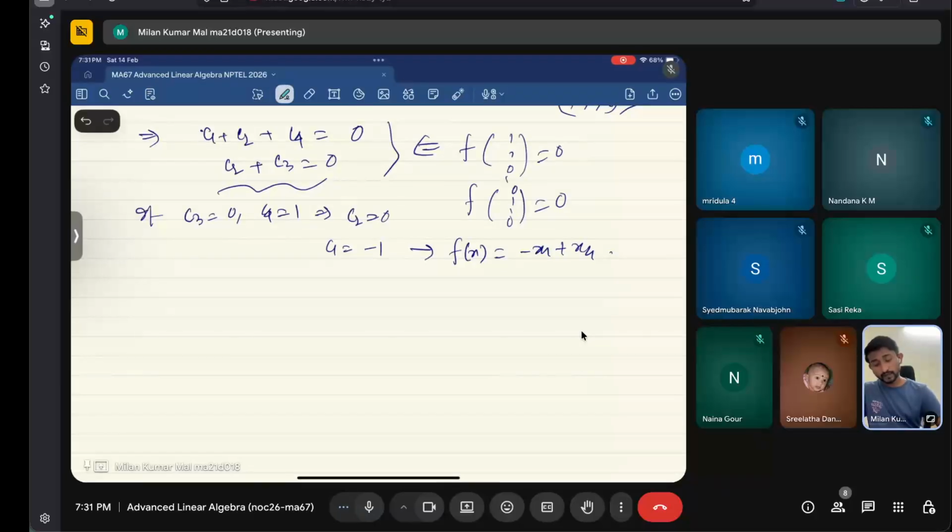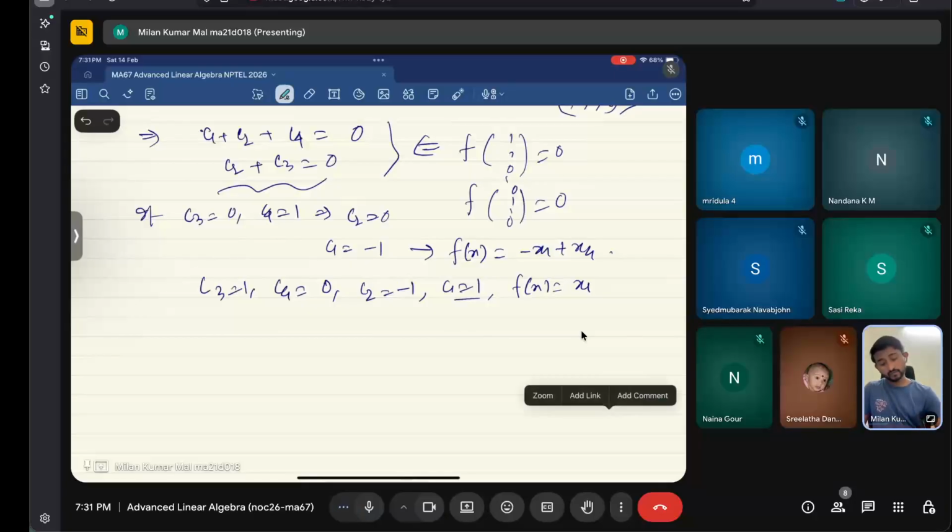And if I take c3 equal to 1 and c4 equal to 0, then what will I get? c2 is equal to minus 1, and then c1 is equal to 1. So this will give f(x) equals x1 minus x2 plus x3, and these are the two linear functionals, and they are linearly independent.